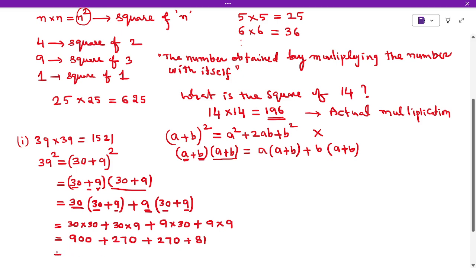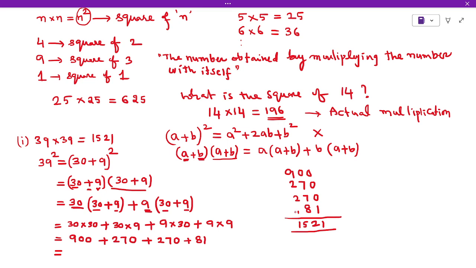If you add all these numbers, 900 plus 270 plus 270 and then 81, you would be getting 1521.